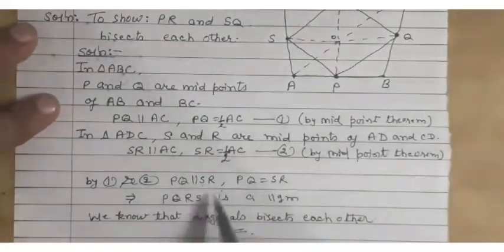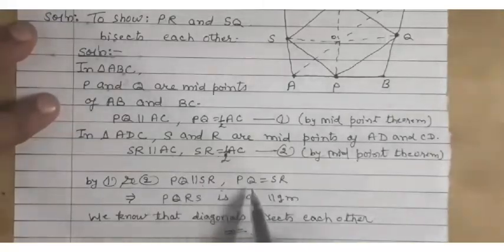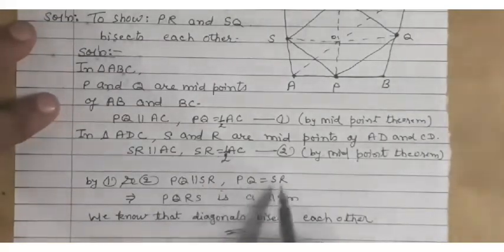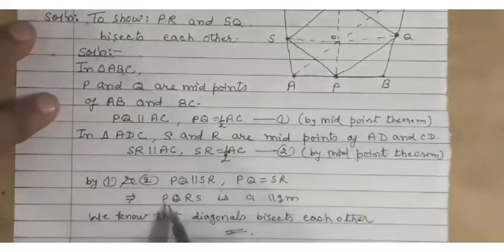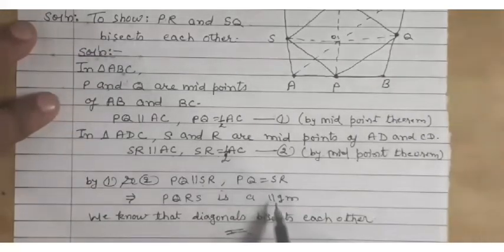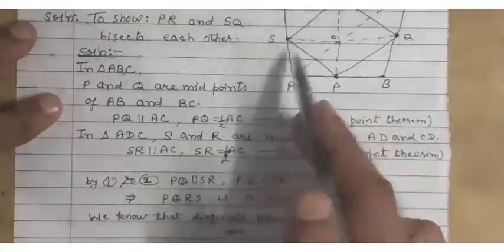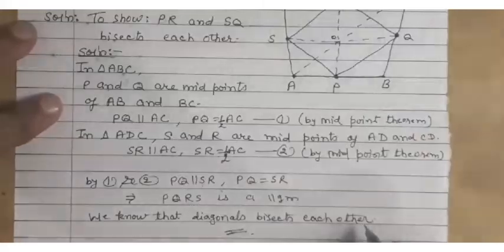And if in any quadrilateral one pair of opposite sides is equal and parallel, then you can say PQRS is a parallelogram. And by the parallelogram property, we know that the diagonals bisect each other. It means PR and SQ bisect each other. This is the answer.